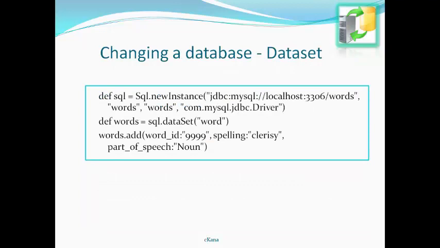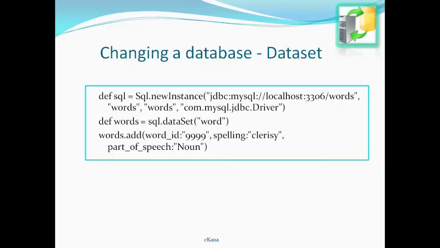Now, changing a database dataset. Groovy SQL supports the notion of dataset types, which are basically object representations of database tables. With a dataset, you can iterate over rows and add new rows. So indeed, using datasets is a very convenient way of representing a collection of data common to a table.